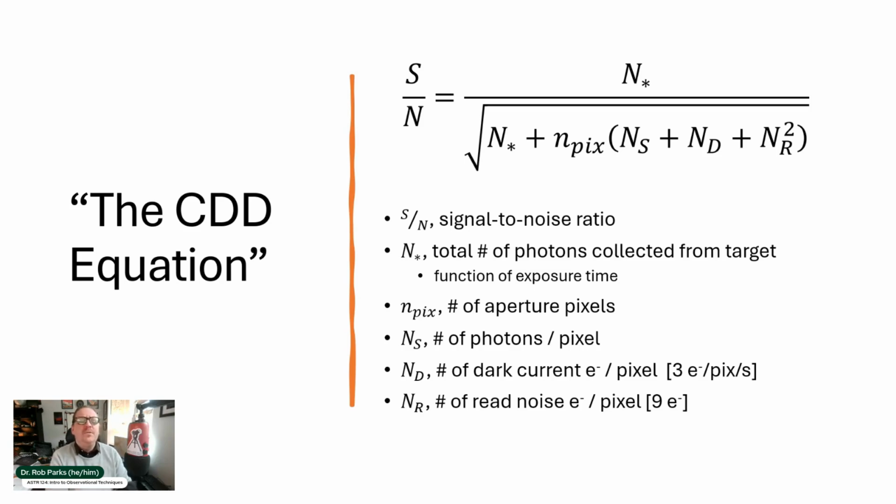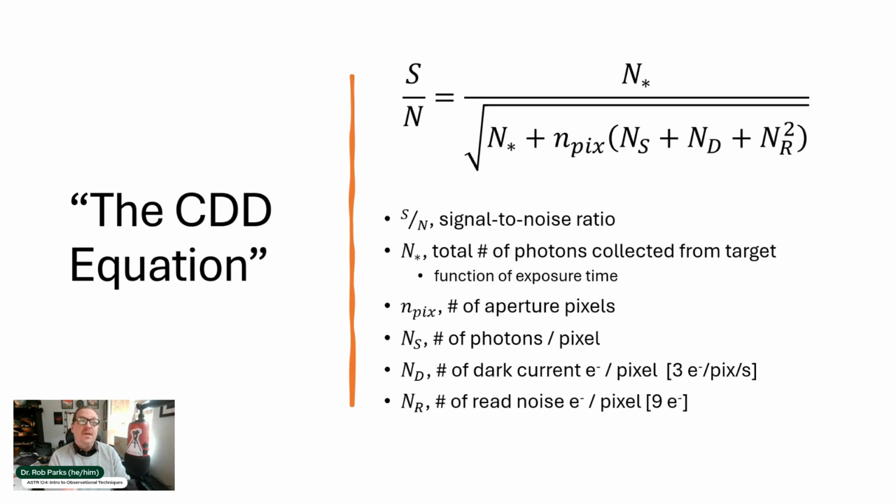All of these contribute to noise, which will degrade the quality of your measurements. As a rule, I generally will say that data is reliable if the signal to noise is at least 100.